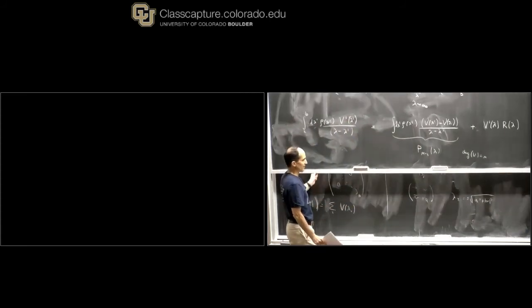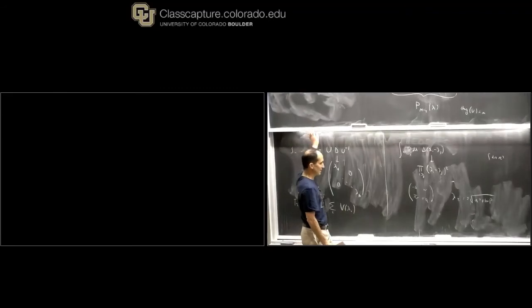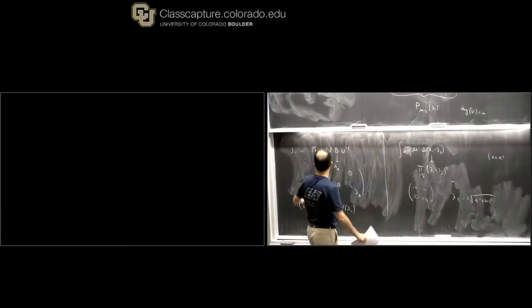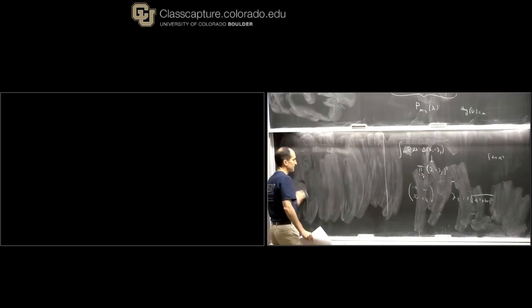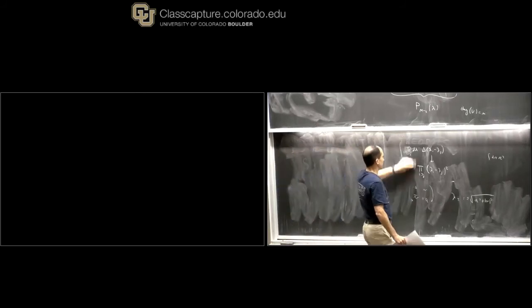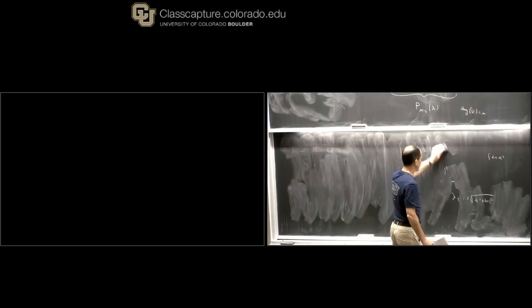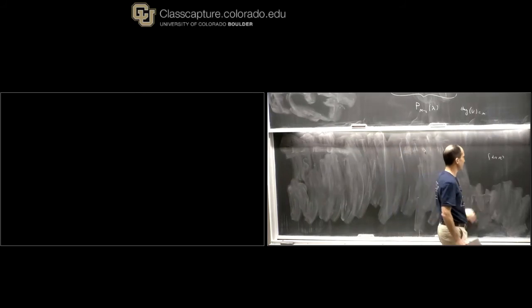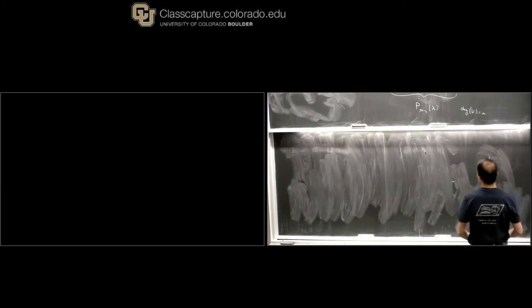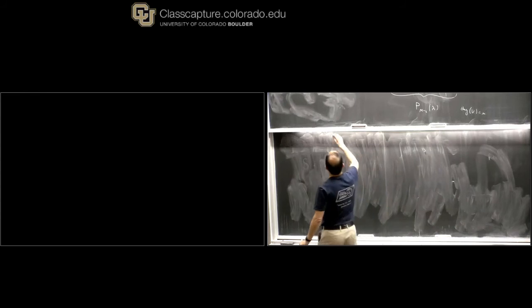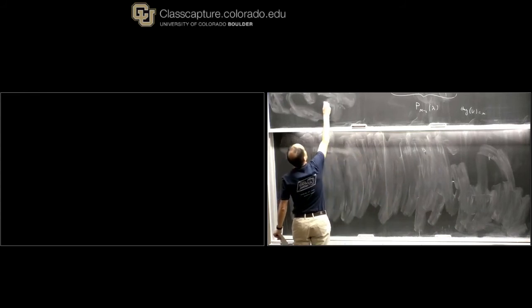So that's half of the argument, and the other half uses the equation that we had over there. Notice that v prime is sitting in that integral. So we're going to replace the v prime using the equation. Hopefully I didn't erase the equation we had there. So let's call this the left-hand side.